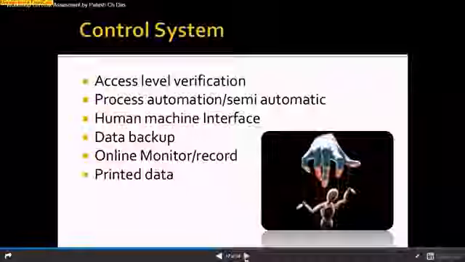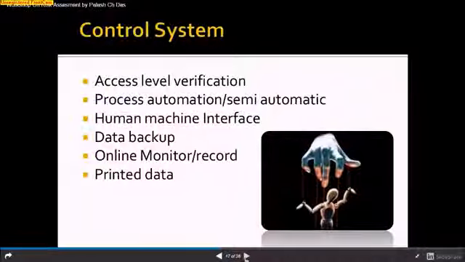Next is the control system. As you know, we have 21 CFR in place, with its requirements for electronic signatures and electronic records. So we need to challenge our system in terms of the control system, that is access level verification. You need to check how many access levels your system is providing, and that each and every access level is protected by password.